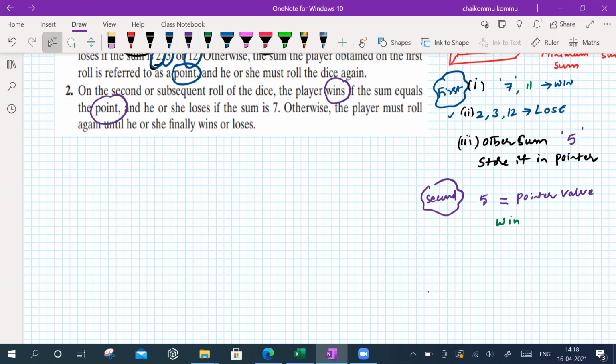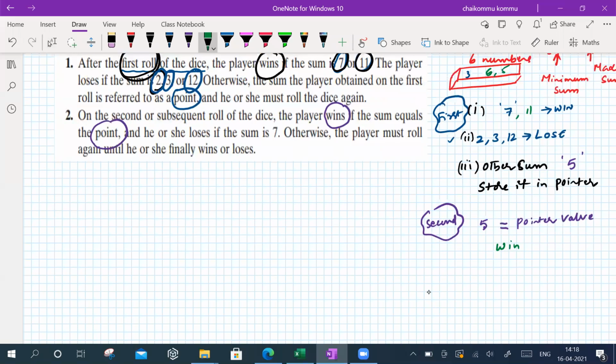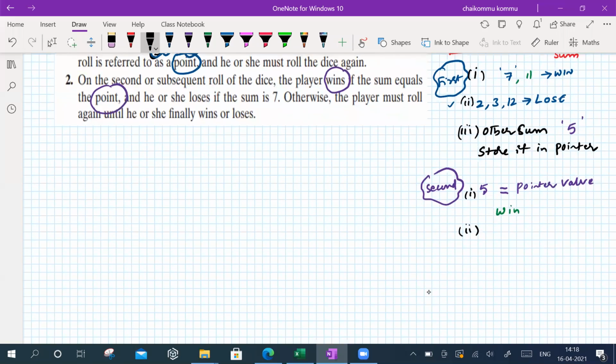This is what we have to remember. The second point we have to remember is that if you roll the second time and for example 7 comes, then automatically you lose the game.